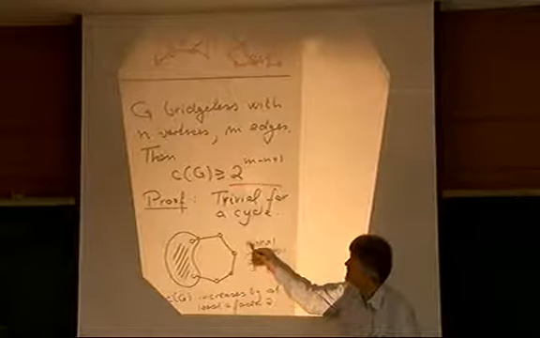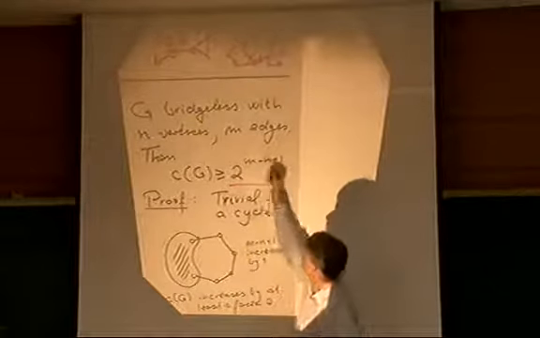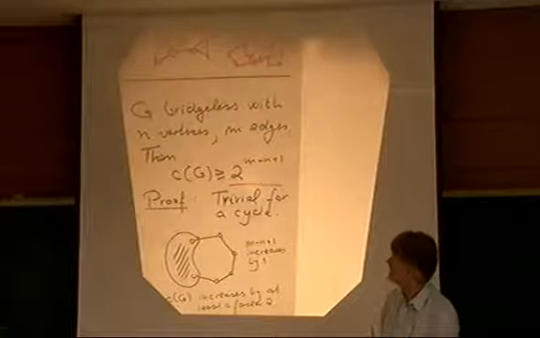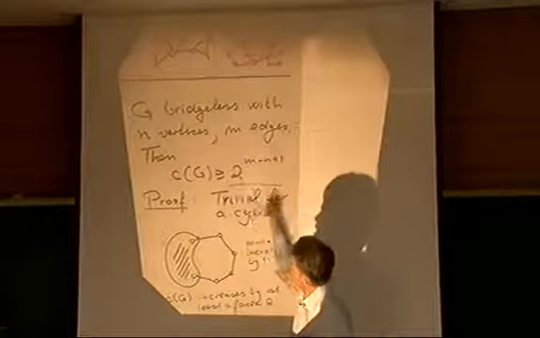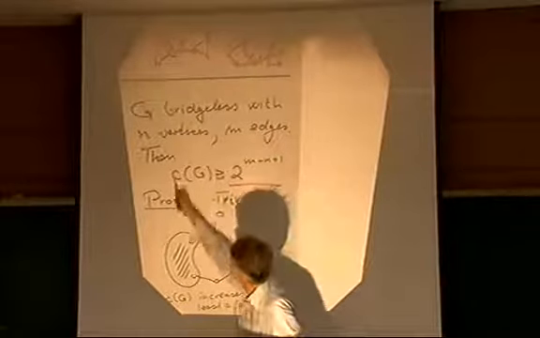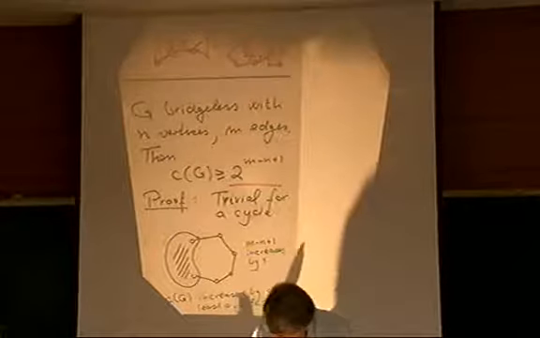So this number increases by 1. But this means that this number increases by a factor of 2. It's precisely doubled. And therefore it's true what I'm saying. Because this number is precisely doubled, and this one is at least doubled. So it's true, by induction. So we have proved this little thing by induction.